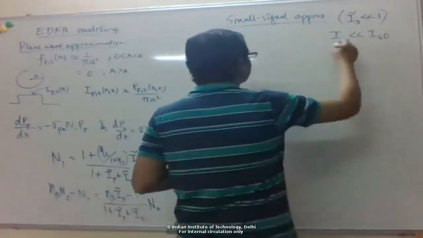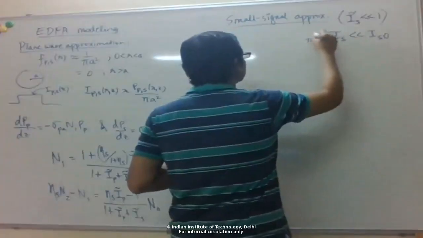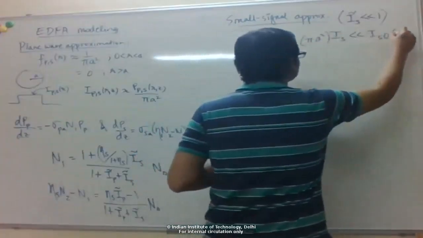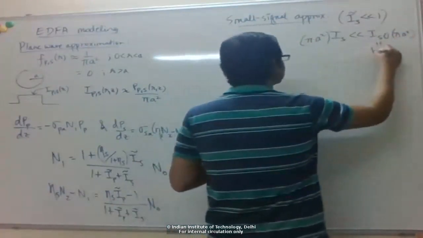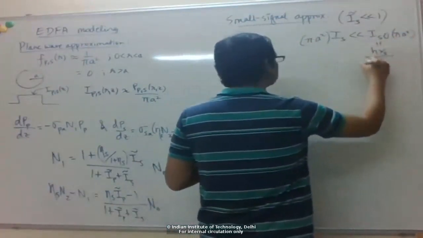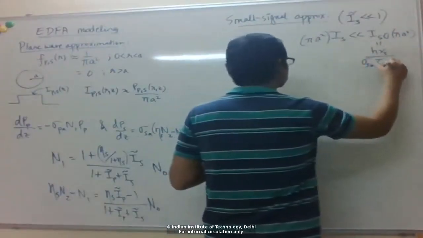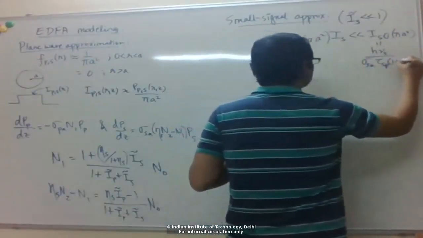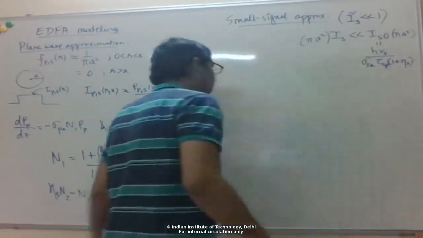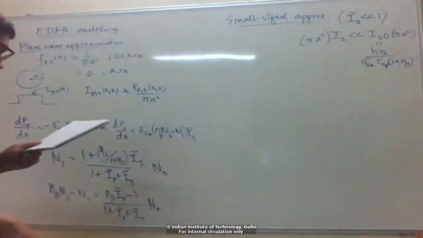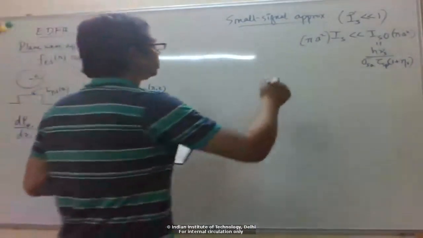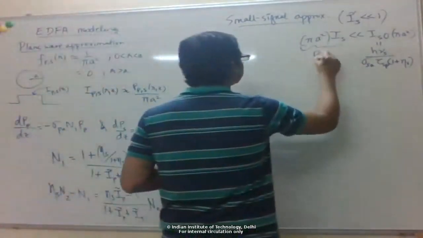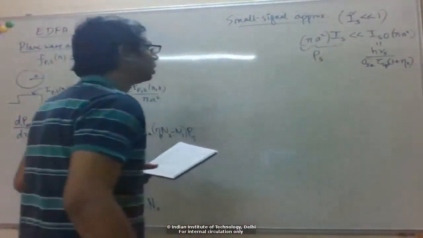If I multiply by the core area on both sides, and I use the expression, this is the signal power PS, right?